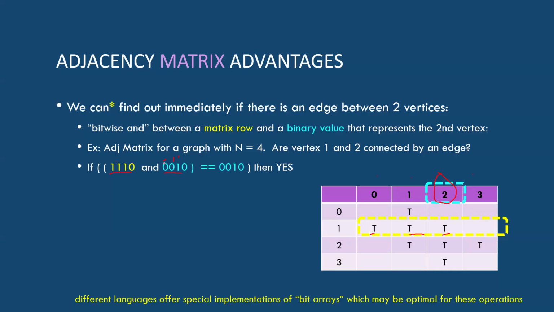So a 1 and a 0 is a 0. A 1 and a 0 is 0. A 1 and a 1 is a 1. So if ANDing these things gives me back what I'm looking for, then I know there's a connectivity there.